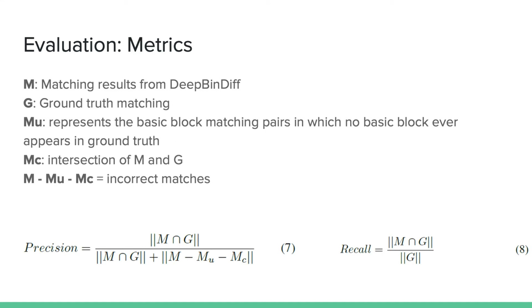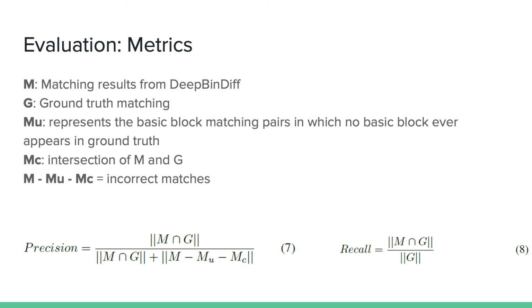They also defined a bunch of metrics to evaluate the performance. M is the set of matching results from an algorithm, not necessarily DeepBinDiff. G is the ground truth of matching. MU is the set that represents the basic block matching pairs in which no basic block ever appears in the ground truth.